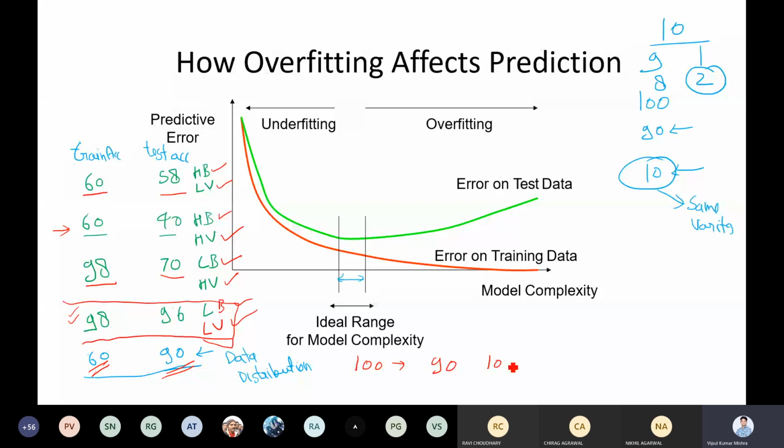For these 10, by chance it performs better, so it doesn't mean your model is good, right? It is not generalized, but by chance it performs well for a small number of data points, or they have the same variety of data points and on those it is performing very well. So this is more of a data distribution problem if you get this kind of situation. So you have to look into the data as well.